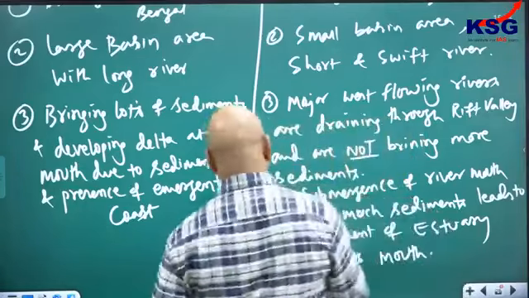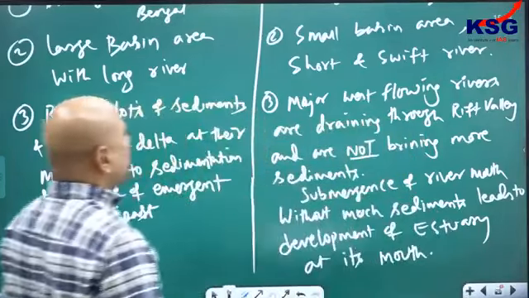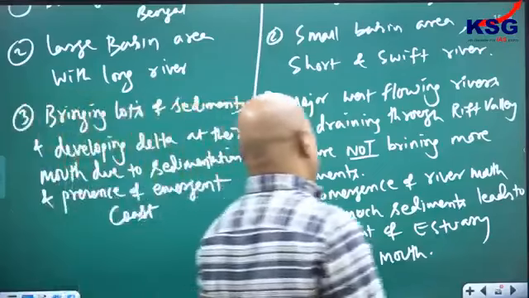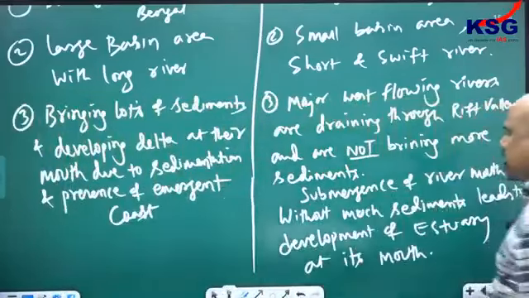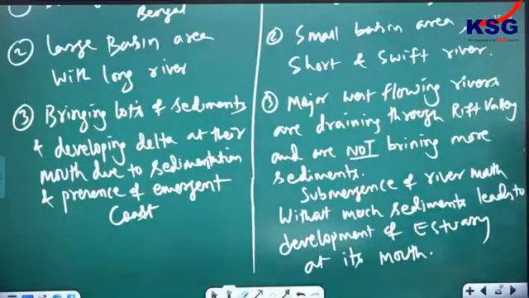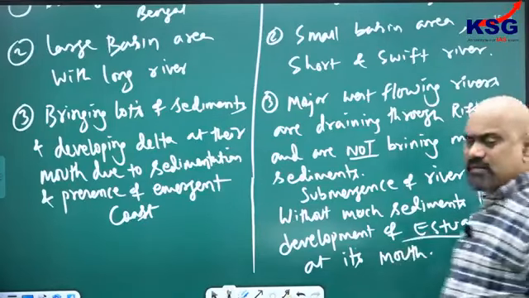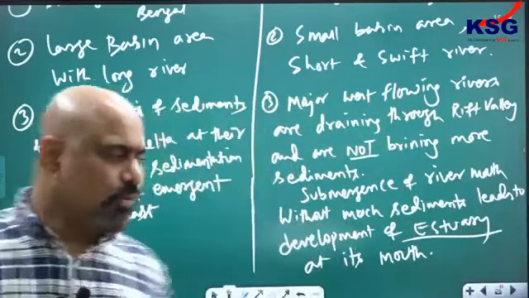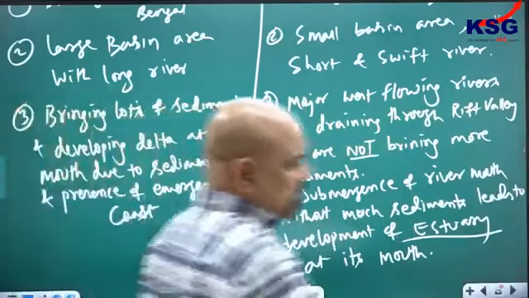Got it? Major west flowing rivers are draining through Rift Valley and are not bringing more sediments. Submergence of the river mouth without much sediments leads to development of estuary at its mouth. They have an estuarine mouth. West flowing rivers have the estuarine mouth.